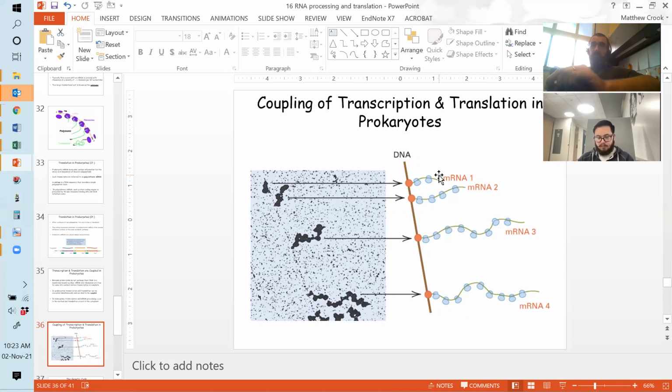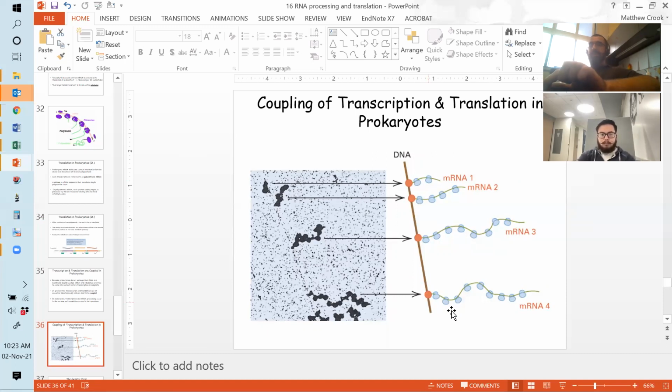And as we've already said, as soon as the ribosome has moved far enough along, another one will assemble on that start codon. So the mRNA is being translated as it is being made, which is kind of crazy to think about, right?